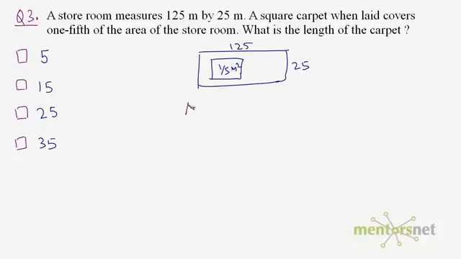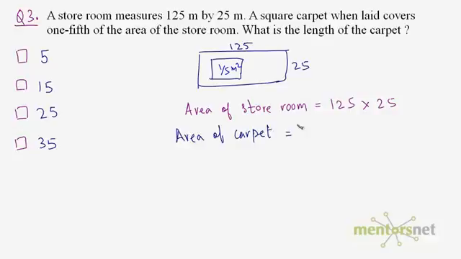So the area of the storeroom is equal to length into breadth, because it's a rectangle. So 125 times 25. Let us keep it as it is. Then we have the area of the square carpet as equal to 1/5 of the area of the storeroom. So the area of the carpet is going to be 1/5 of 125 times 25.